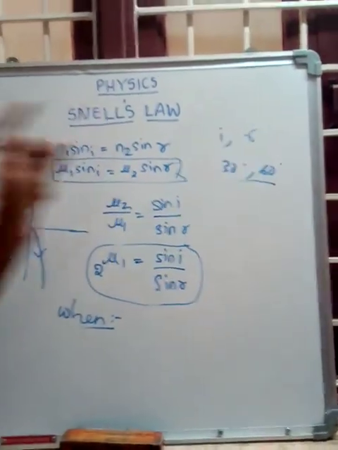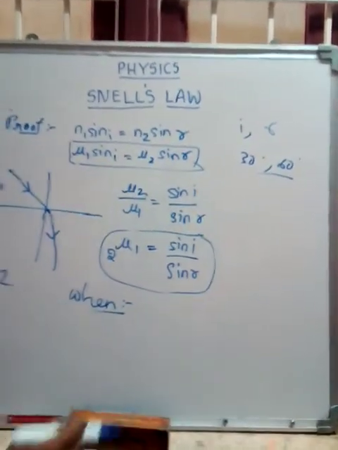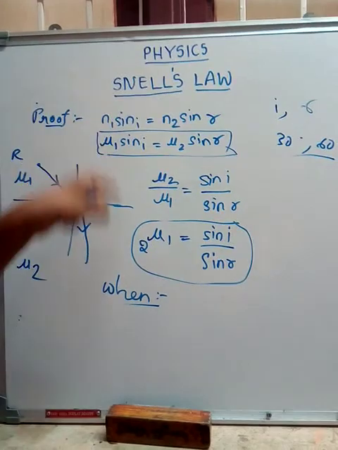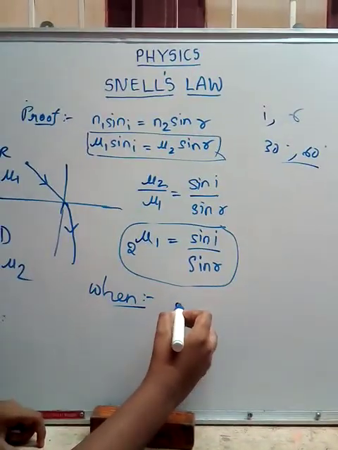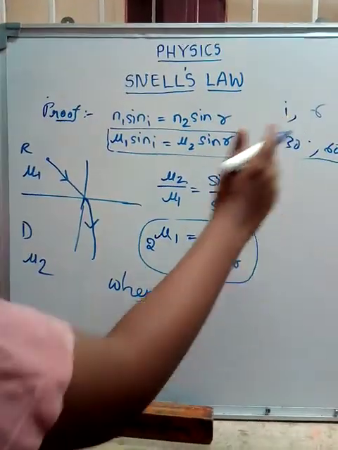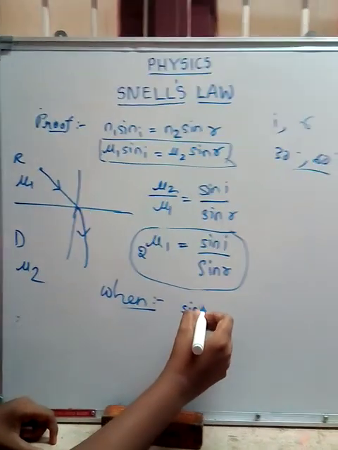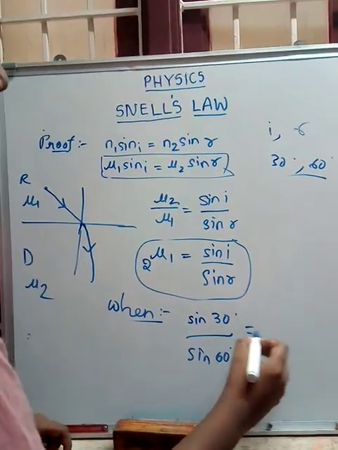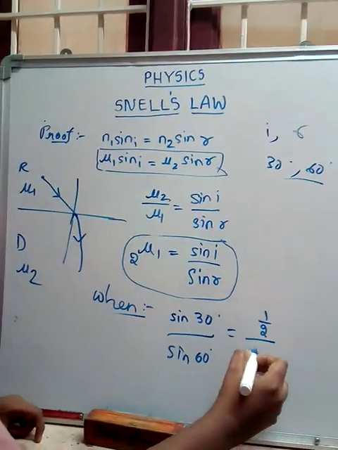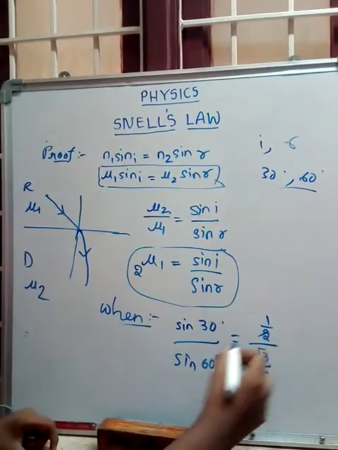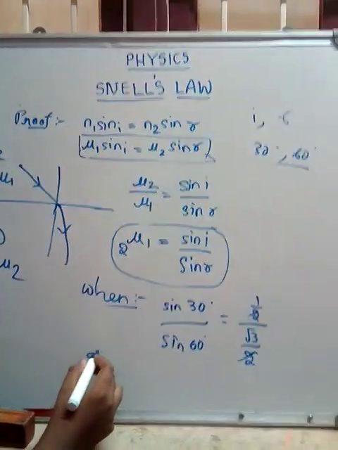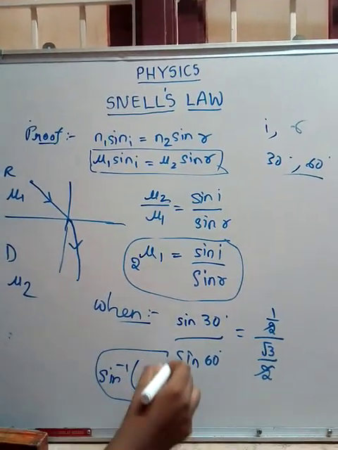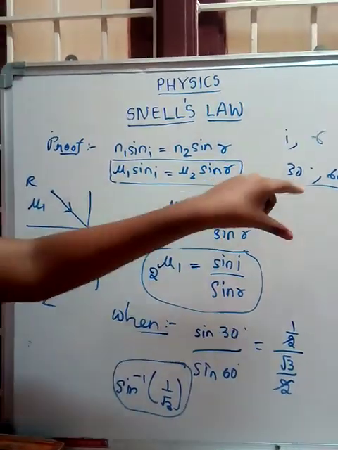When two angles are there, we can use sin 30 by sin 60, then mu of the second medium with respect to the first. That is 1 by 2 divided by root 3 by 2, which is 1 by root 3. Sin inverse of 1 by root 3 is the answer for a sum with only two angles.